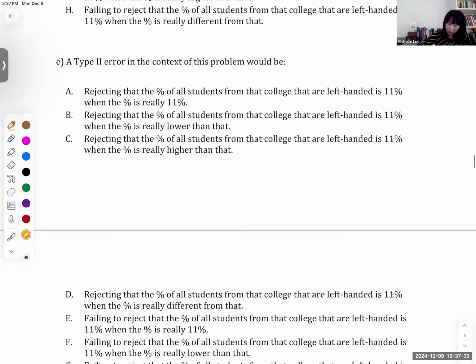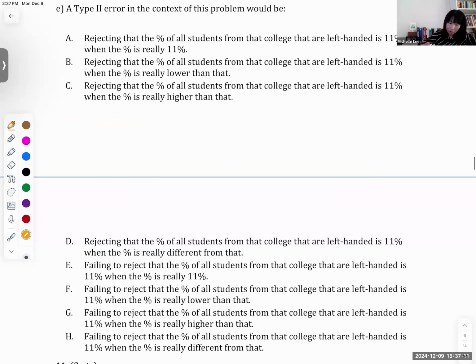What about type 2 error? What's the type 2 error? Thank you, Drew, for the message. So is it F?